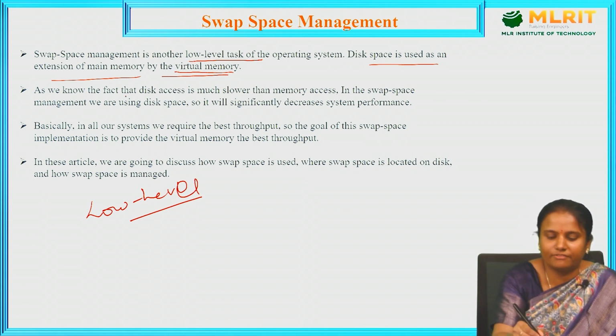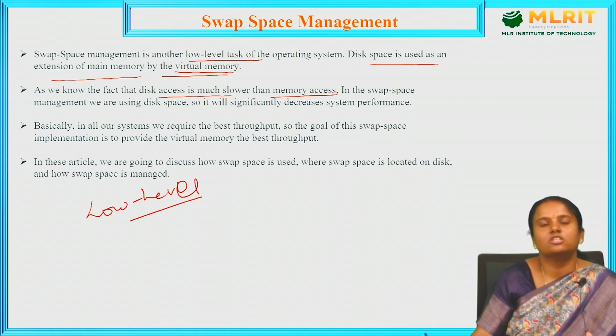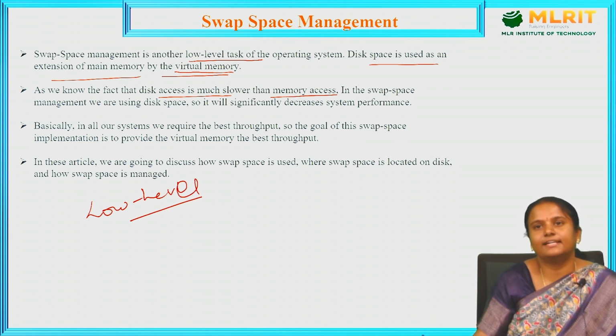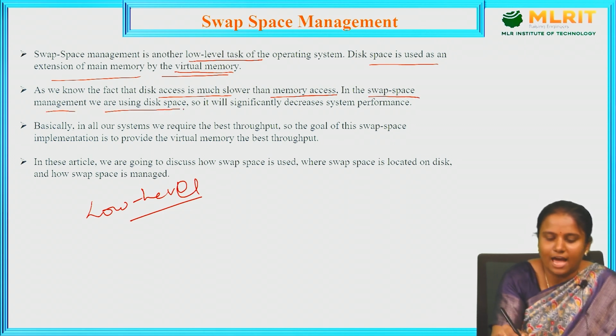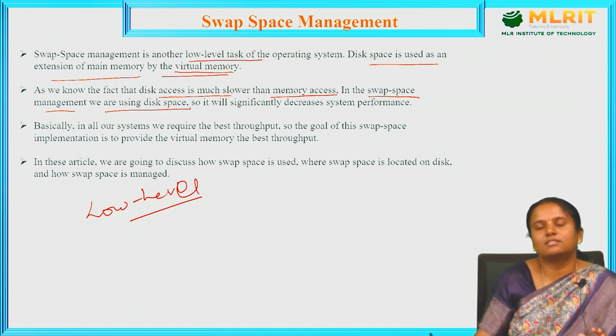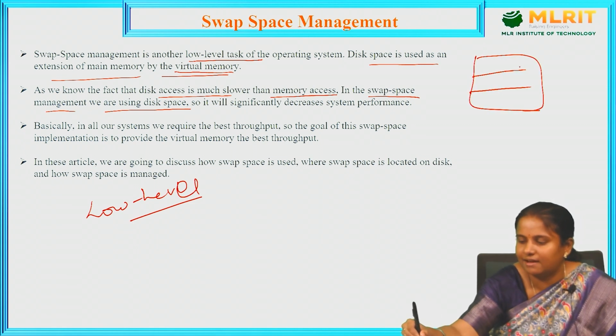As we know, disk access is much slower than memory access. So, accessing the disk from main memory will be slower when compared to memory access. In swap space management, we are using some disk space. Suppose there are n number of processes.